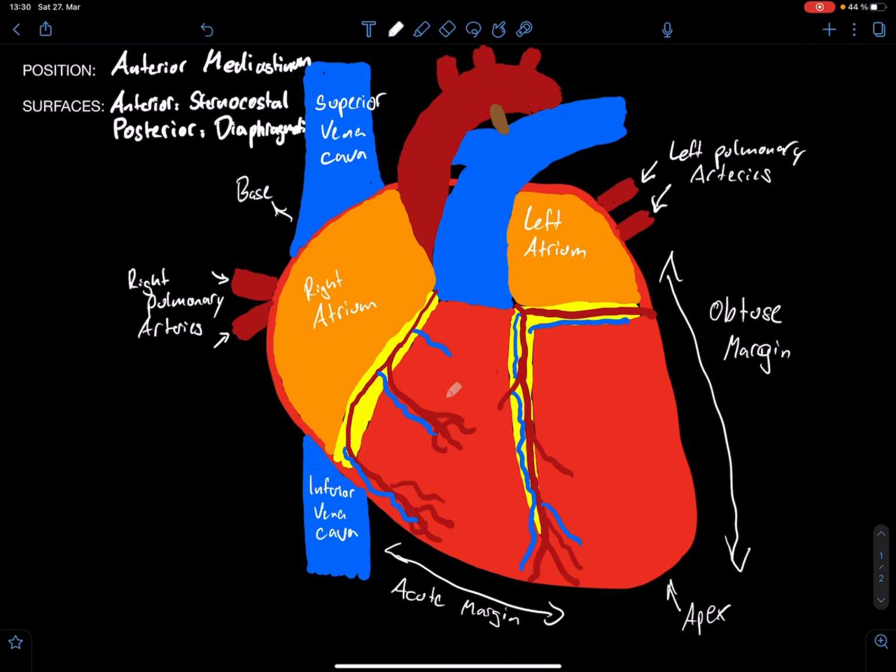Then we have the right ventricle and the left ventricle. From the right ventricle, we have the pulmonary trunk that arises from it, which again splits into the right and left pulmonary artery.